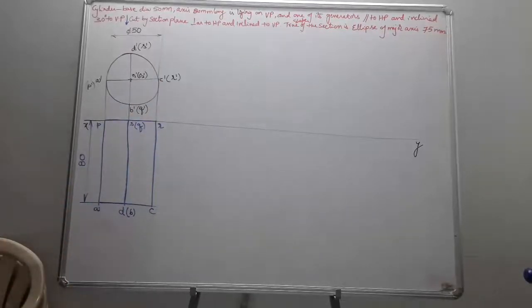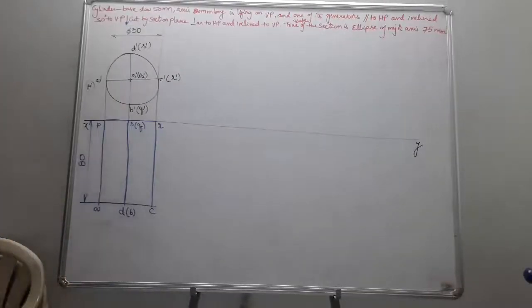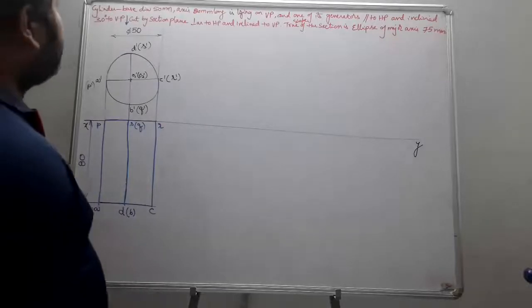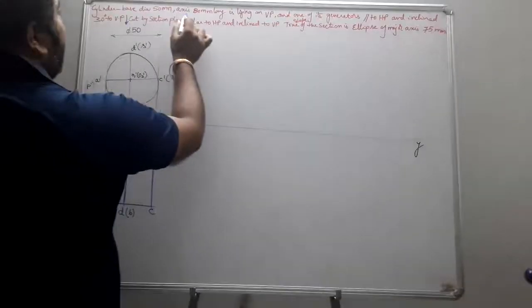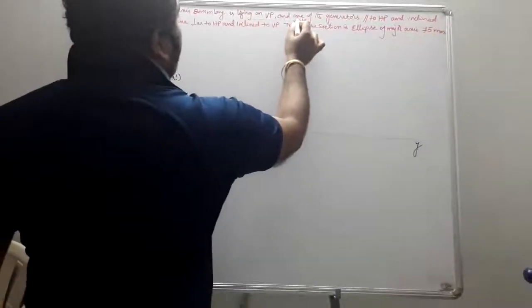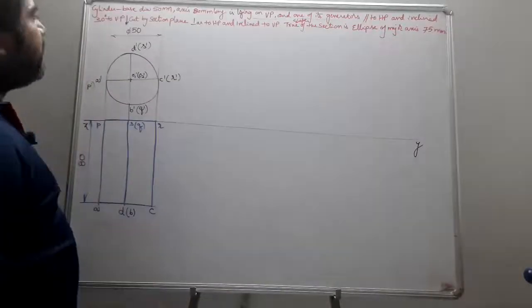Okay. Next, he just gives it as resting on one of the generators. It is said that one of the bases is resting on the ground, on VP. The cylinder base type: the axis is lying on VP and one of its generators is parallel to HP and inclined 30 degrees to VP.